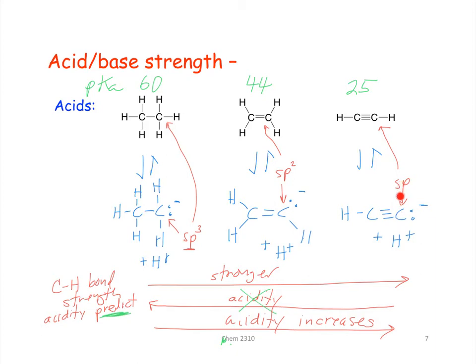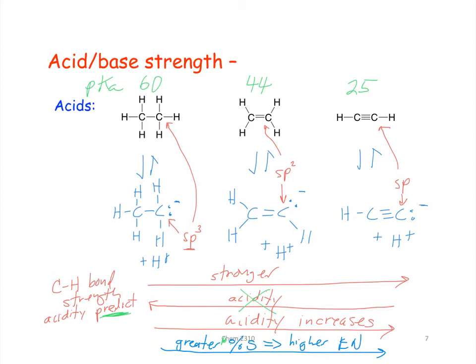means that the orbital is closer to the nucleus, means that the electrons are held tighter, which can be translated to greater electronegativity. All right, so we can say that as we go from left to right, a greater percentage of s in the orbital leads to higher electronegativity.